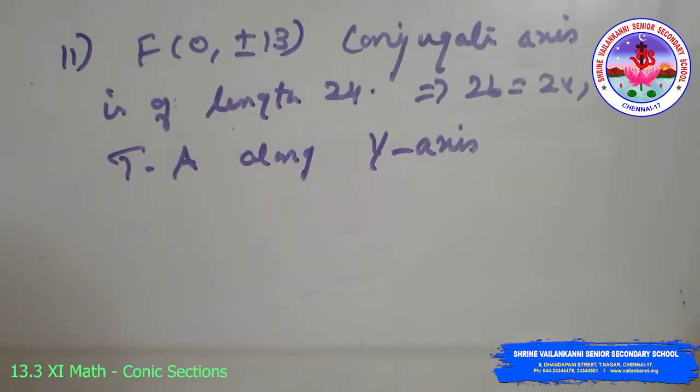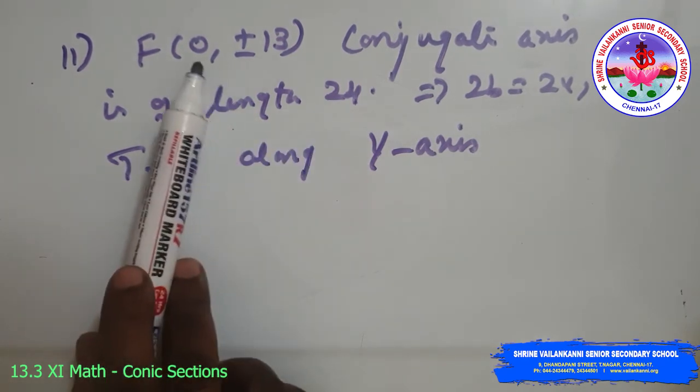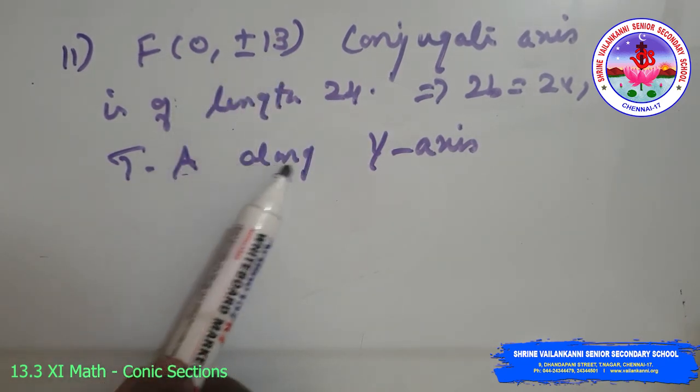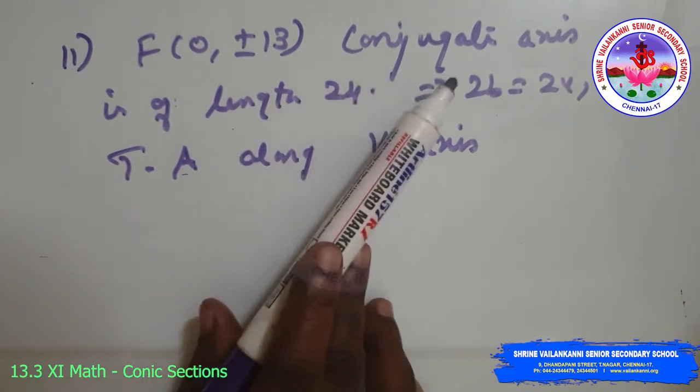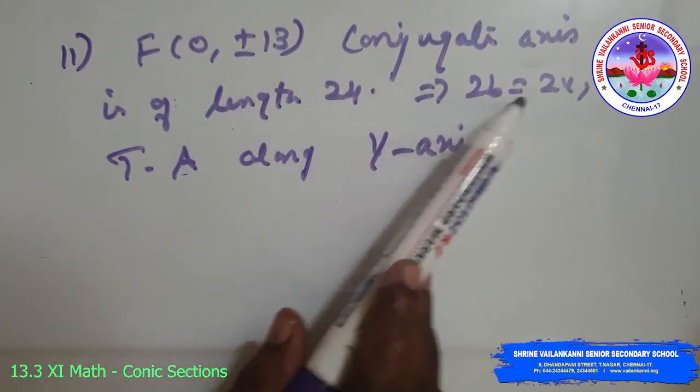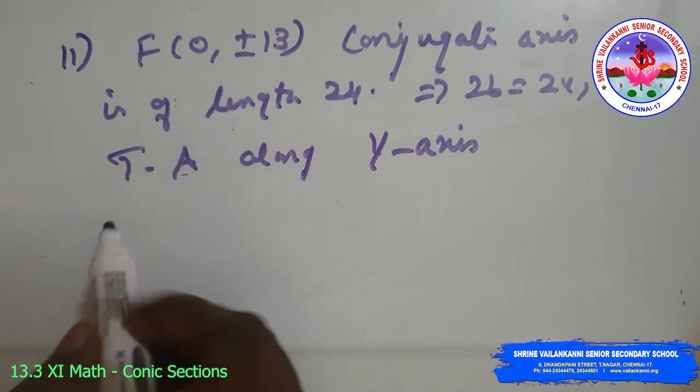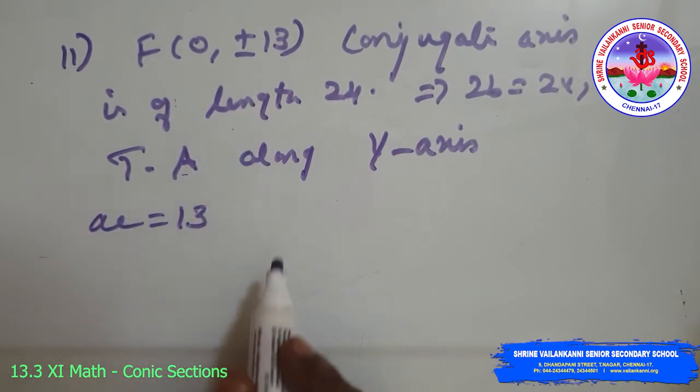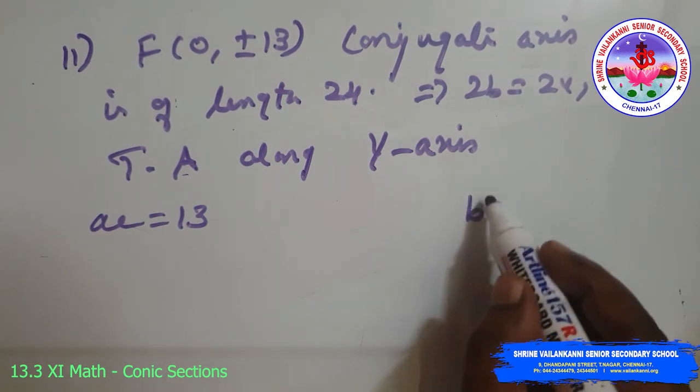11th question, foci are (0, ±13). Conjugate axis is of length 24. Here it is (0, ±ae), transverse axis along the y-axis. The conjugate axis is of length 24, then 2b = 24. We get b = 12. Here ae = 13. We have to find a.